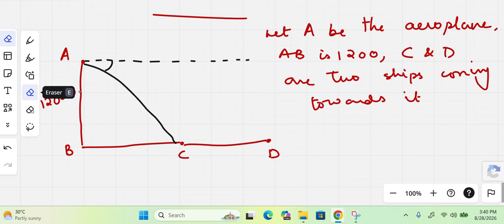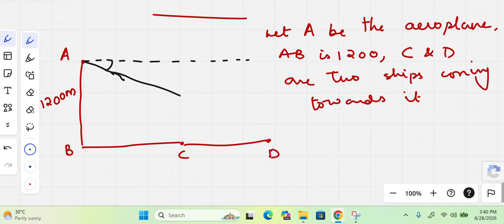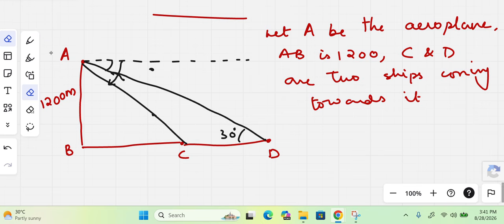So wait, no, I'll have to go far then. This is 30, right? Far. So this also will become 30 degrees. I will again bend my eyelid a little bit more closer. So this will be 60 degrees, right? So this is 30 and this is 60.